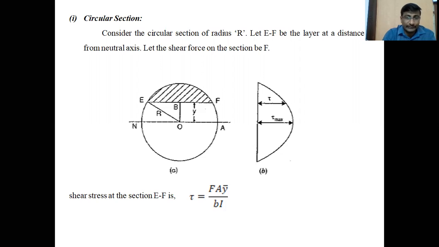Here, students, we should always consider the layer EF. If we consider the layer EF, A y bar is the first moment of the area above the level EF about the neutral axis. Here is the shaded area.